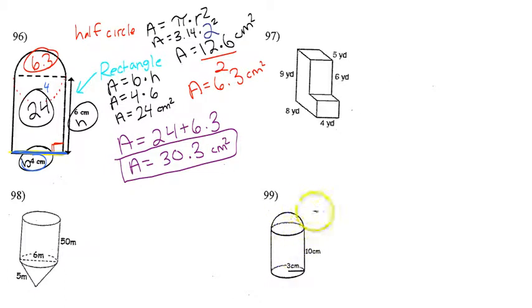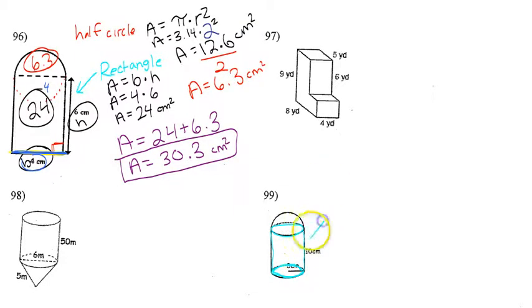This one is a pretty good problem, so I wanted to cover it with you. Right here, we need to break this up into two different figures. The first and easier one to find is this cylinder. That's a cylinder right there that I've highlighted in blue.